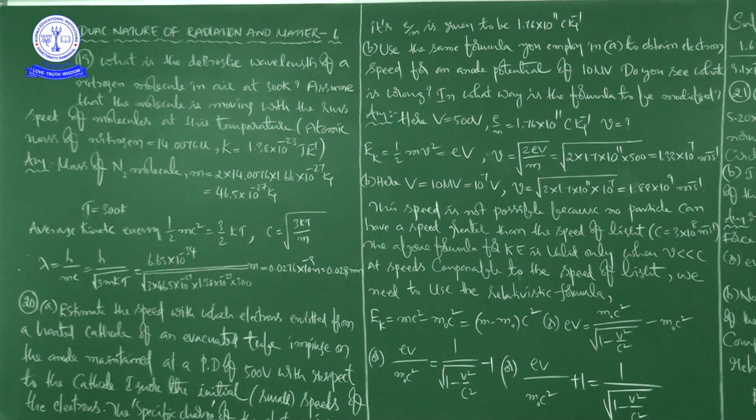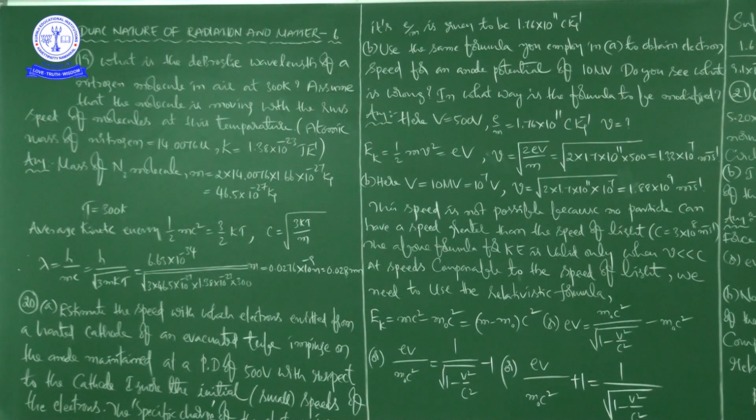Since it is equal to 3 by 2 kT, we can write C as the subject. The 2 on both sides gets cancelled, and mathematically we write C as the subject.